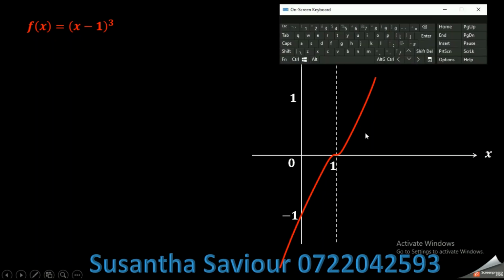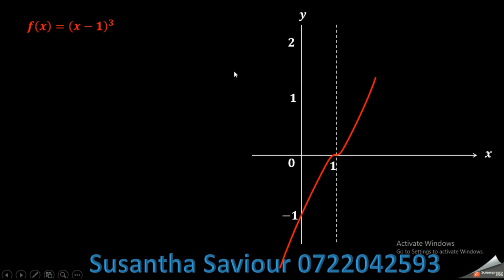Now of this curve we have some transformations occurring. Let's see what the transformation is. f(x) plus 1, that means this curve is shifted up by how many points? 1 point. So this is going to this place and this guy is coming to this place. Let's see.